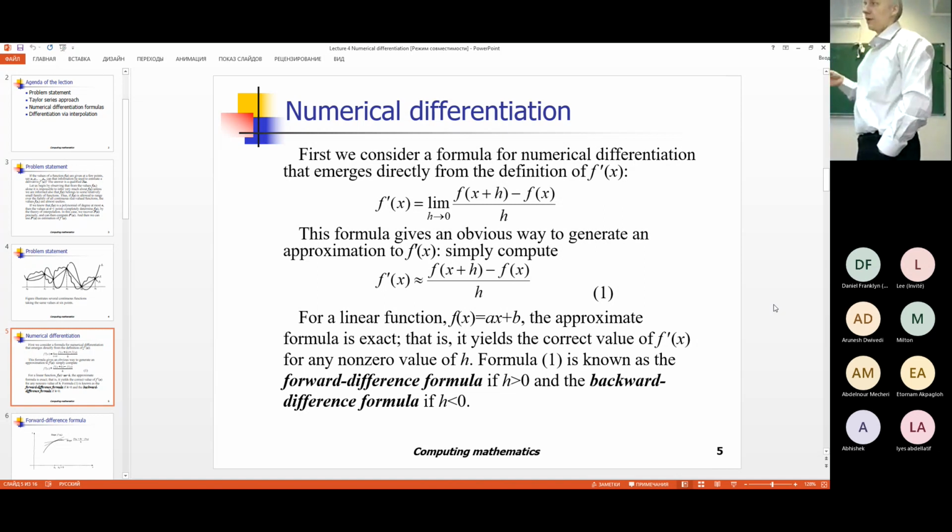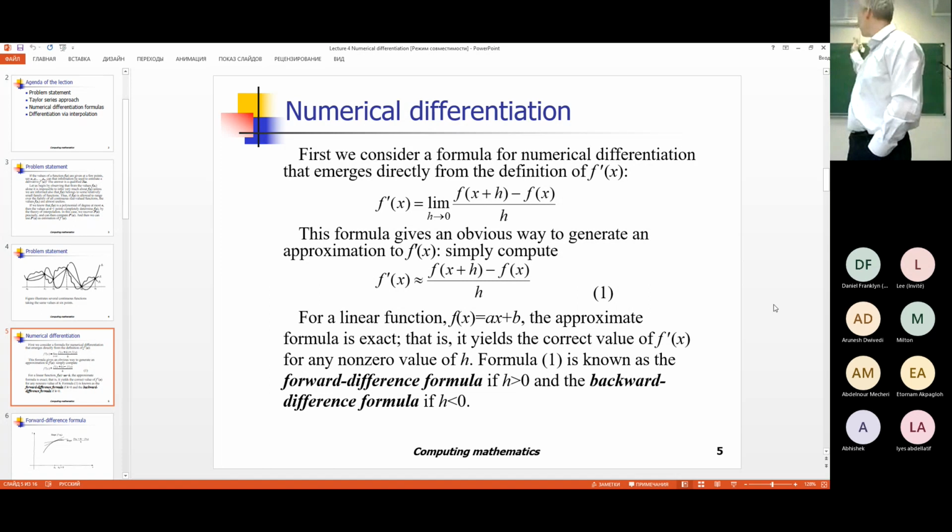What is the derivative of this function? What is the real derivative of this function, f prime of x? One? No. Why one? This is a constant. But what constant?